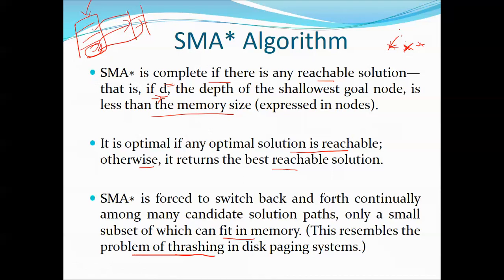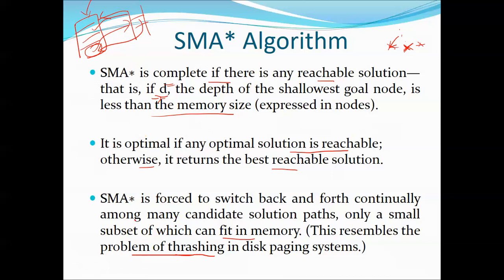If the operating system is continuously doing swapping, that is called thrashing, because then the operating system or the CPU is spending more time in swapping rather than in computation. If a CPU or the operating system spends more time in swapping rather than in the actual computing task, that problem is called thrashing in operating systems.